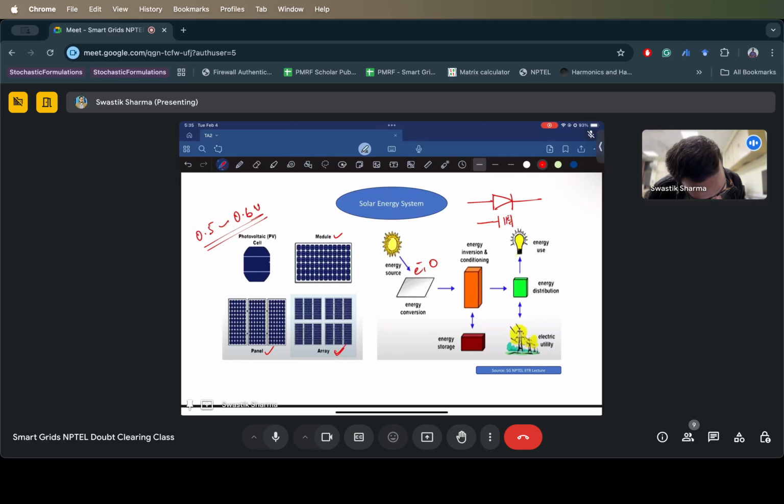When there is sufficient energy in these electron hole pairs, they start jumping this junction. If they get a sufficient amount of energy, they start vibrating, and once they start vibrating, they jump this junction, and there is a drift current formation.